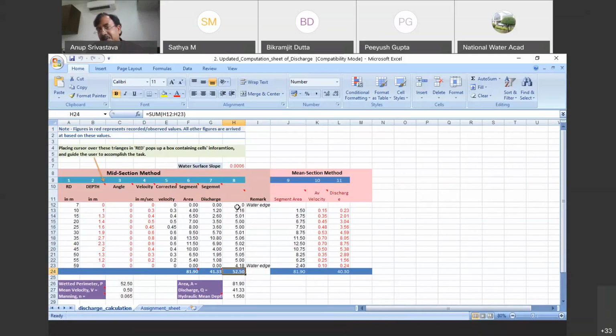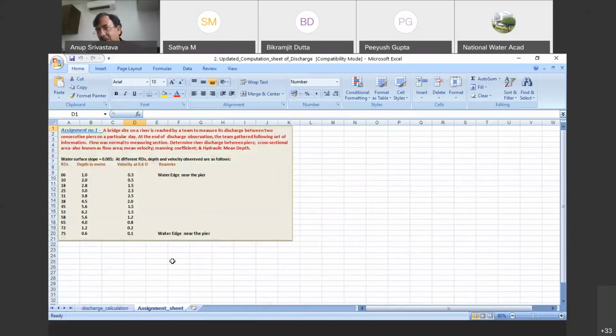So that is how you can calculate the weighted parameter, and otherwise your discharge calculation and your segmental area calculation will remain the same, because the cell has been defined in such a manner that it accounts for different scenarios as well. So I hope you will be able to carry out this exercise as well.